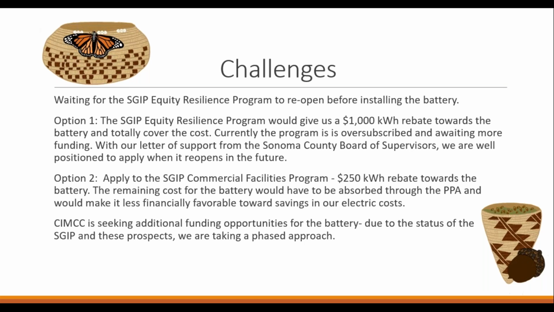So being able to work in a phased approach has been good for us. We were able to work with our board of supervisors in getting a resiliency designation. And so that definitely helps our ability to compete within the resilience program when it does open. So we're waiting to see.